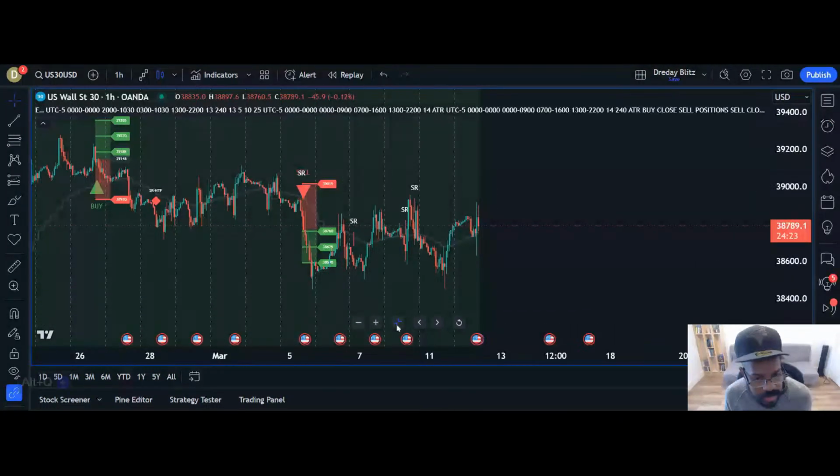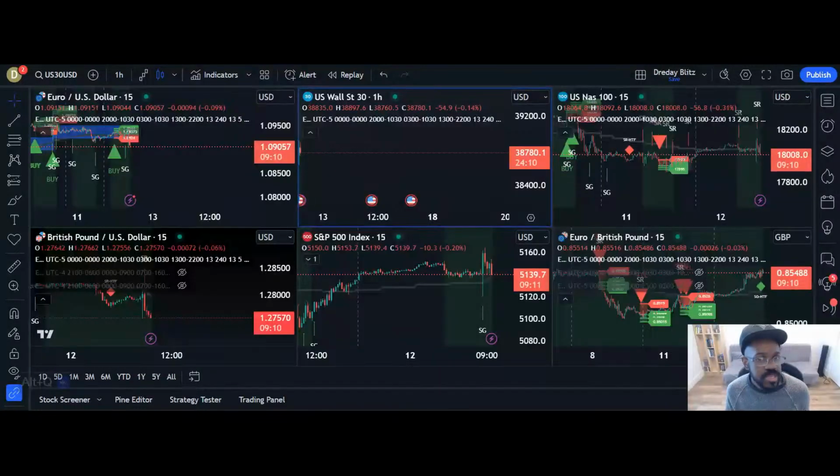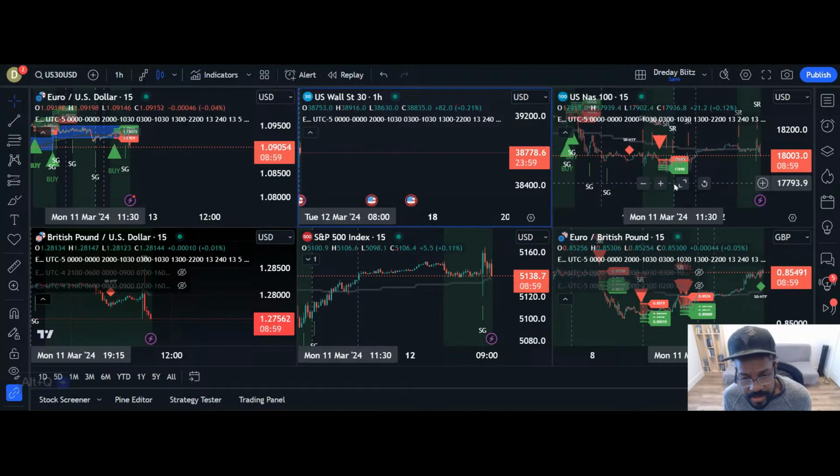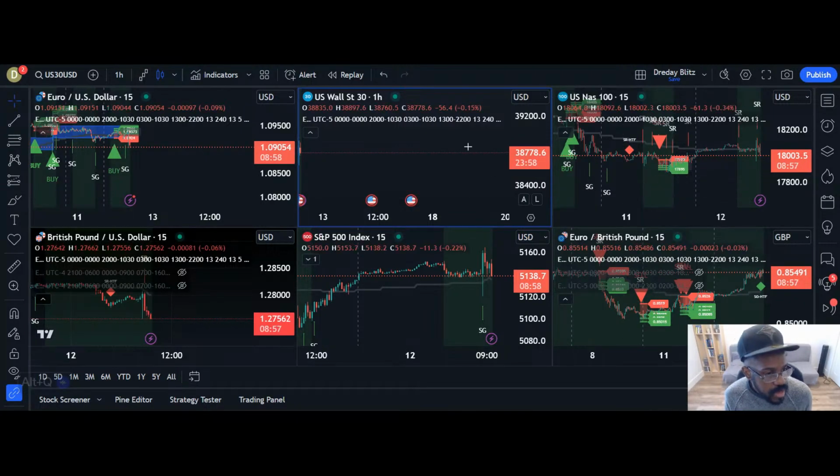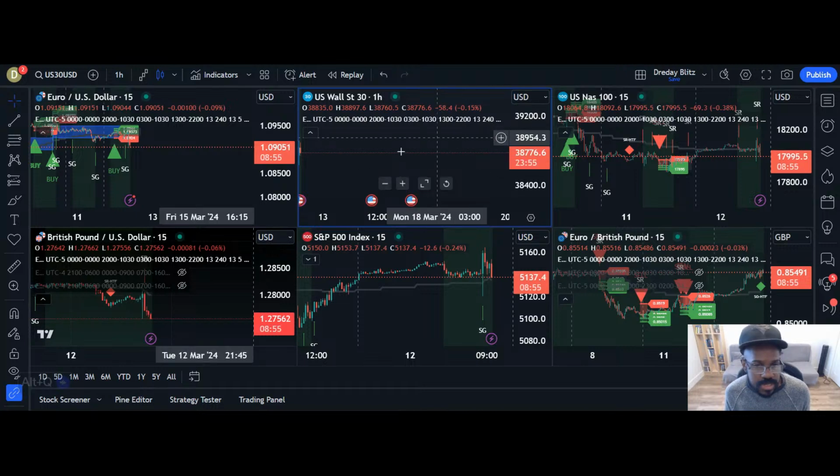That's based off of multiple things. There's my special entry mechanism that is already integrated here in the indicator. On top of that, you have a moving average, and you have a trend indicator called the Renko.